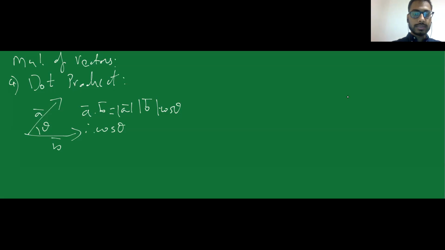From this equation, I can also say that the value of cos theta is nothing but A bar dot B bar upon magnitude of A multiplied with magnitude of B. If A bar has coordinates AX i bar plus AY j bar plus AZ k bar, and B bar has coordinates BX i bar plus BY j bar plus BZ k bar, then A bar dot B bar can also be obtained by using this formula: AXBX plus AYBY plus AZBZ.